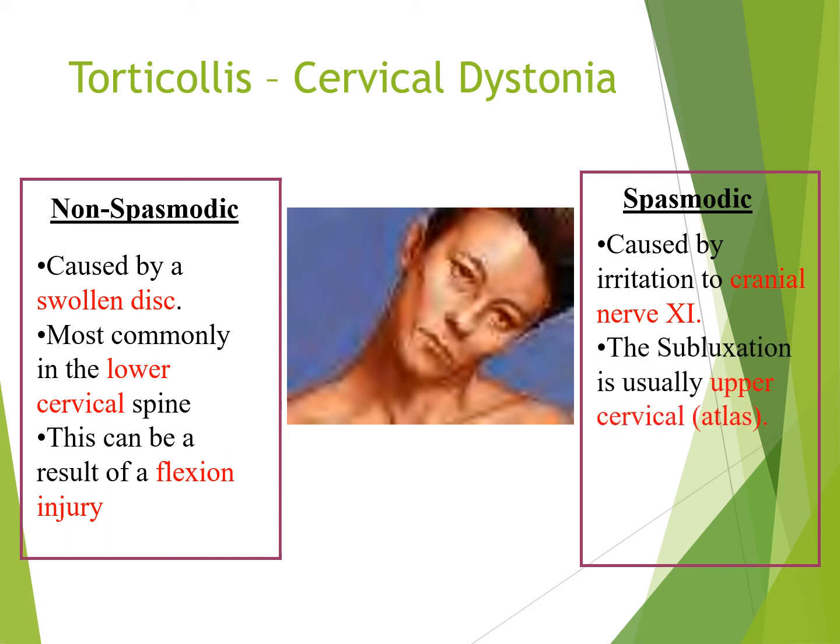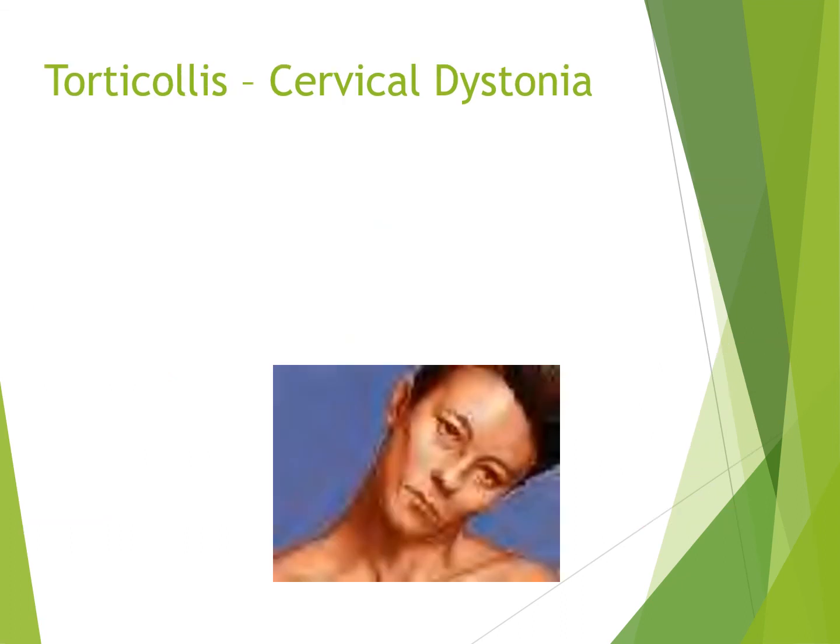The subluxation is usually in the upper cervical spine, typically atlas. And this can be a result of an extension injury, as we discussed earlier. Because when the cervical spine is forced into extension position, the facets can protect the extension of the cervical spine, but then it leaves the upper cervical spine prone to the subluxations.